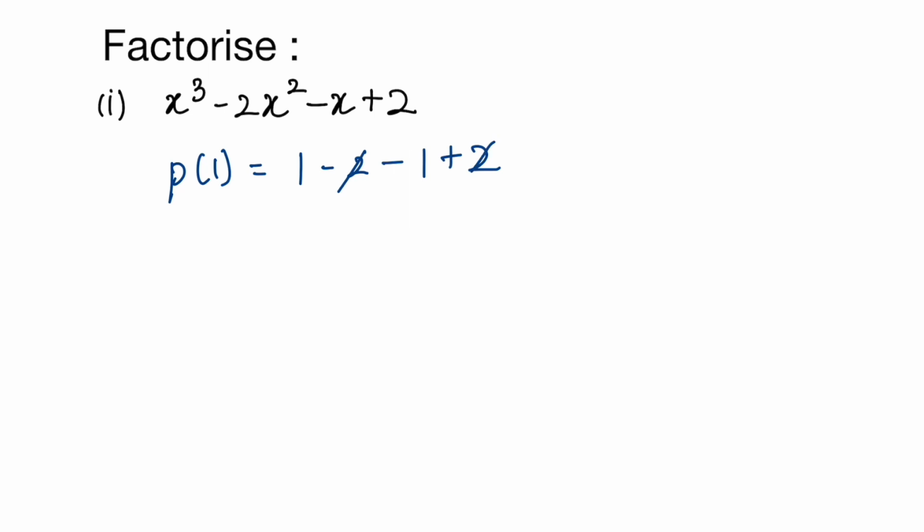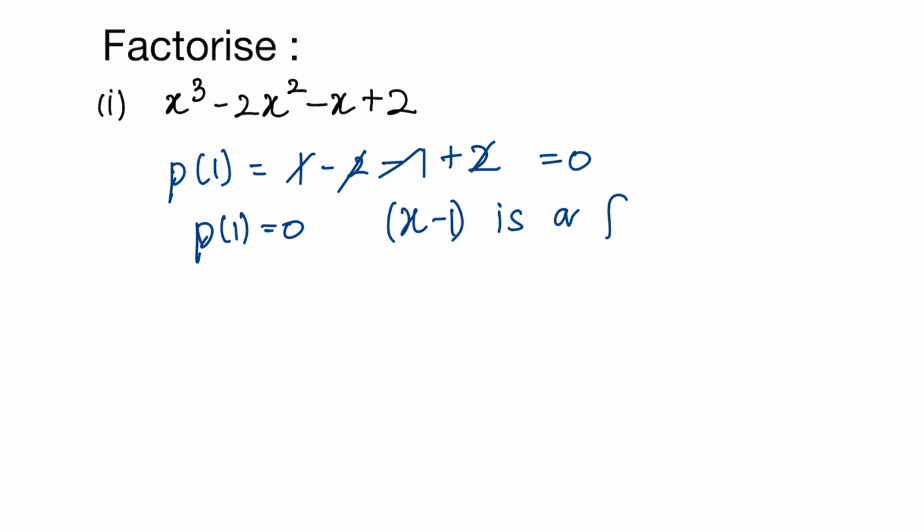So these 2 get cancelled and this gets cancelled, so this comes to 0, right? This was easy for the first question, but doesn't mean to be true for the others as well. So p of 1 is equal to 0. So by factor theorem you can tell that x minus 1 is a factor. That is what the factor theorem says, right? Since p of 1 is equal to 0, x minus 1 is a factor.